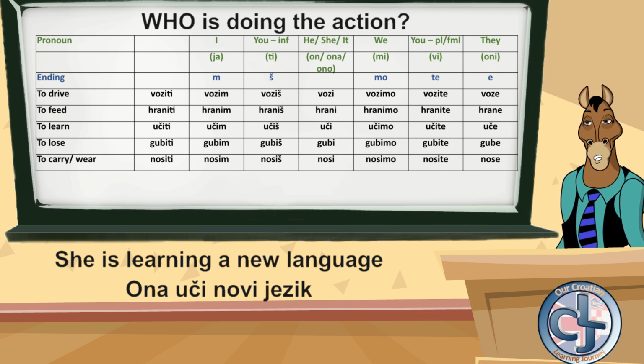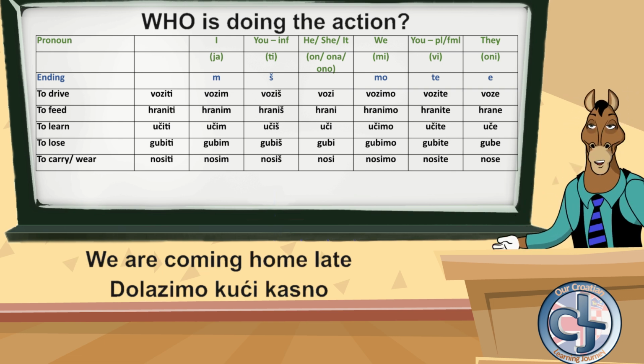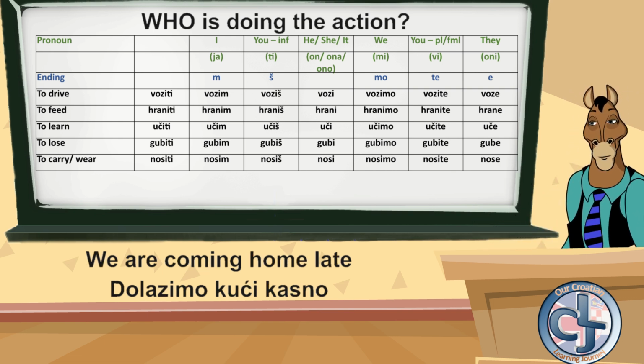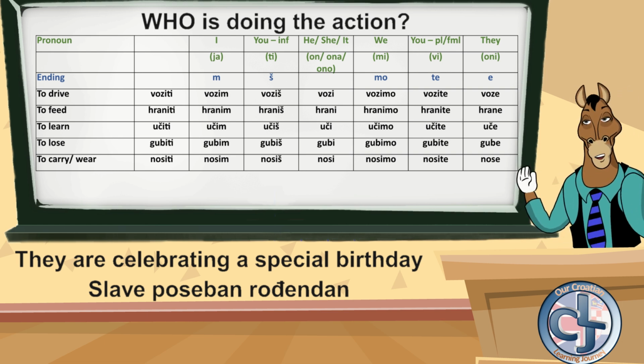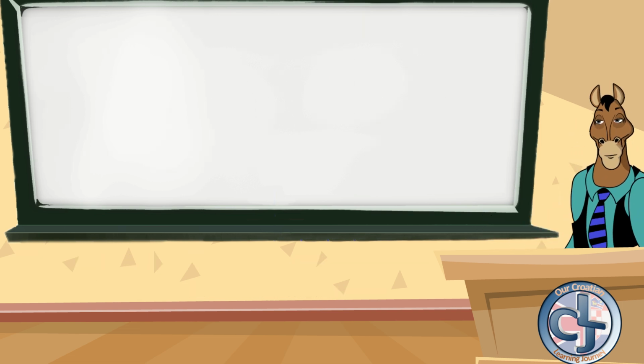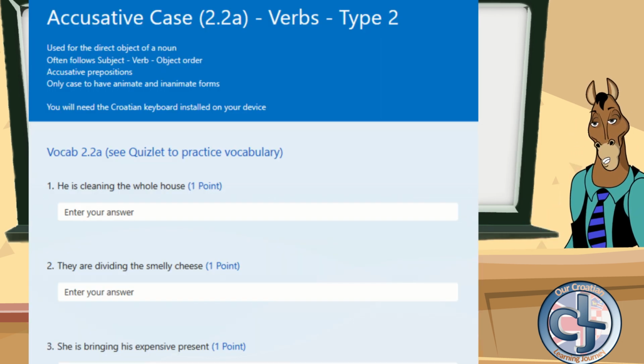Ona uči novi jezik. We are coming home late. Dolazimo kući kasno. They are celebrating a special birthday. Slave poseban rođendan.